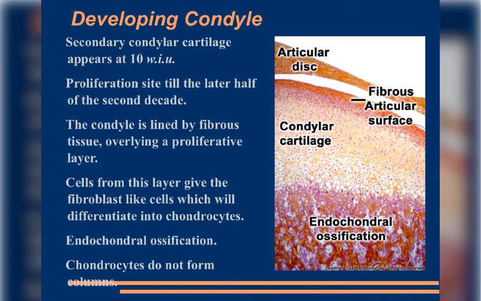They are first formed as cartilage, then turned into bone by endochondral ossification. And in the long bones, the chondrocytes are arranged into columns, while here in the condyle they are not.